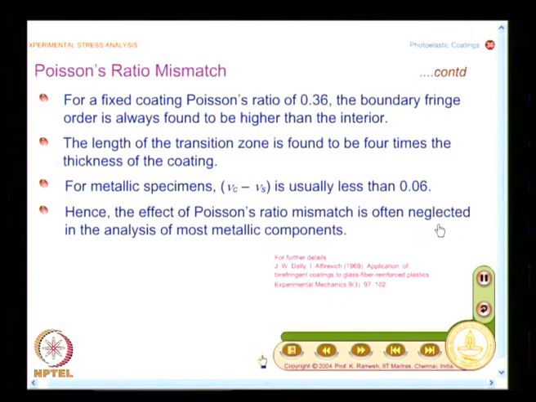That is a saving grace, because before we establish that this is a second order effect, we must do an analysis and then only say Poisson's ratio mismatch can give you problems, but the level of influence is smaller. So, you can neglect it for metallic specimens when you do photoelastic coating testing analysis.